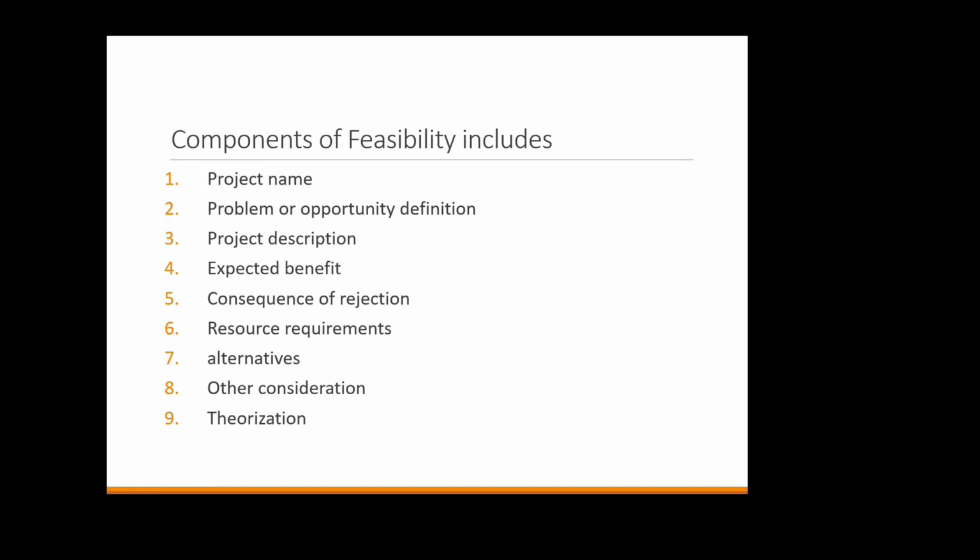Expected benefit means you should consider the prime objective after implementation of the same project, and who will at the end suffer and who will get benefits from the same project. And then, if there are any consequences of rejection, maybe you should reject your project, your feasibility study, on the basis of all that information.